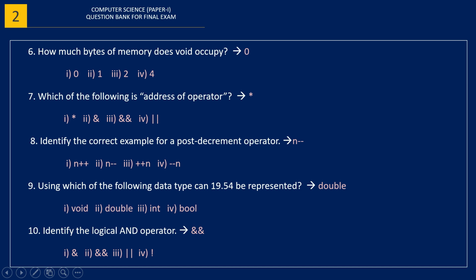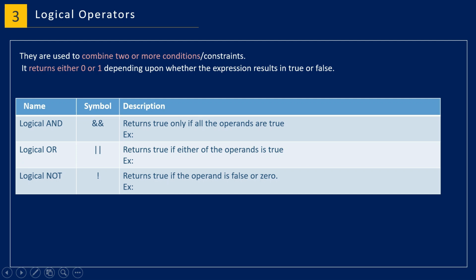Identify the logical AND operator. We know that we have used in one of our programs the double ampersand; the second option is used for the AND operator. You can see these logical operators: logical AND symbol is double ampersand, then logical OR and logical NOT.